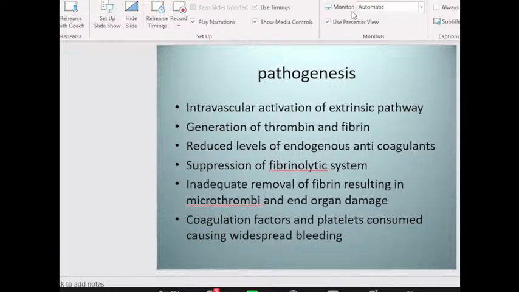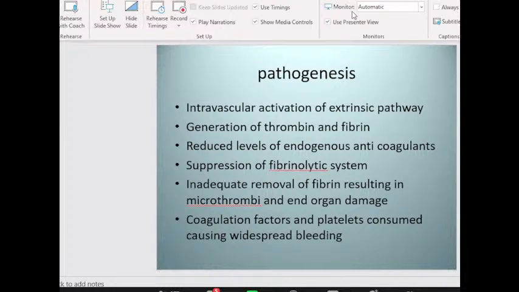So antibodies against factor 8, acquired hemophilia A. Antibodies against factor 9 also do occur, not as common as factor 8, and that is acquired hemophilia B. And we can also have antibodies against von Willebrand's factor, causing acquired von Willebrand's disease. These are mainly seen in autoimmune diseases. So you have antibodies against the coagulation factors. So that's what I have not covered in this lecture.